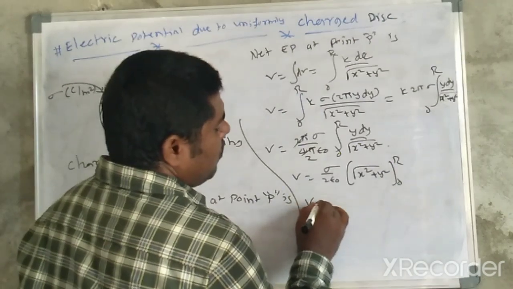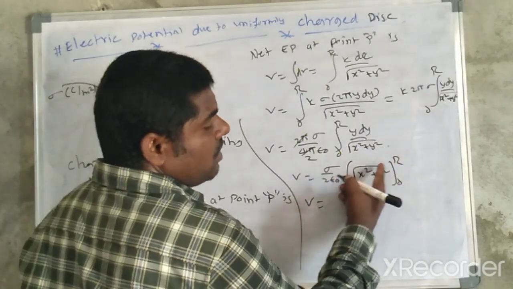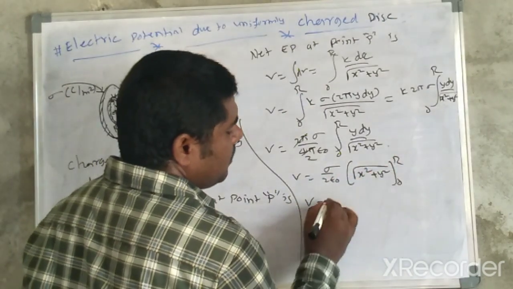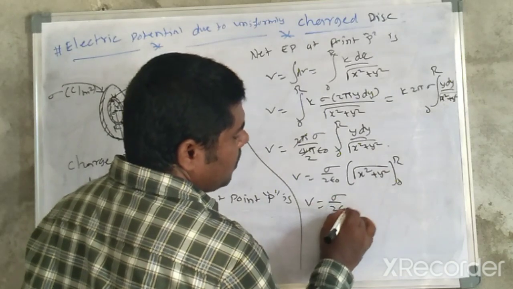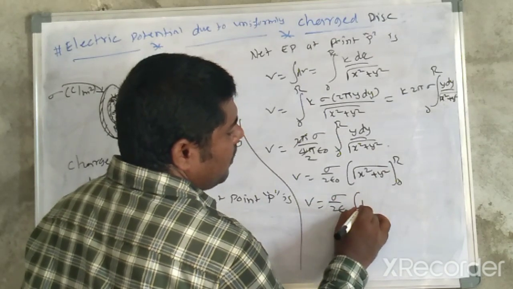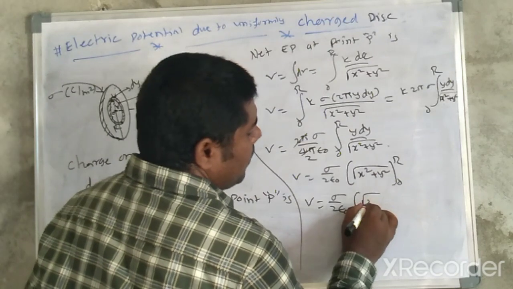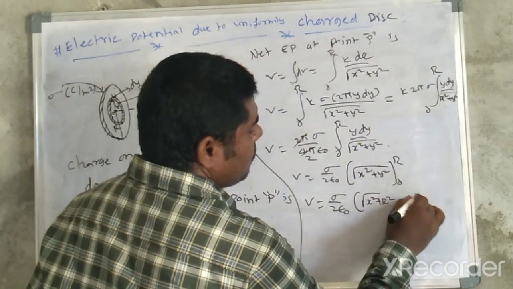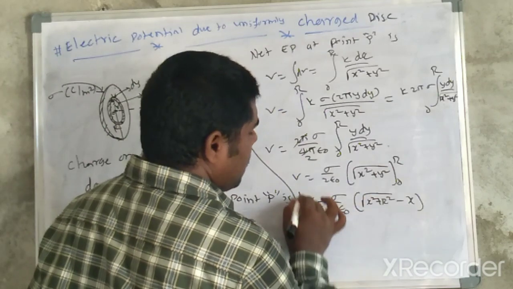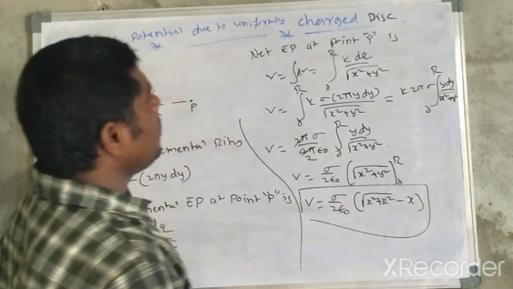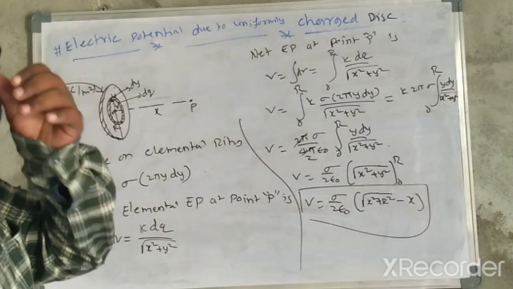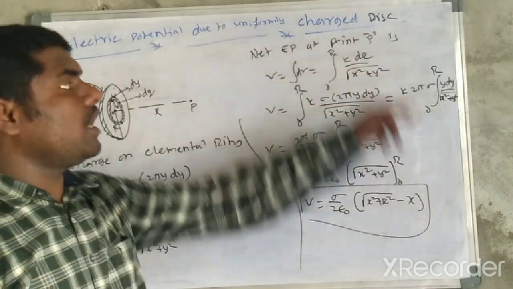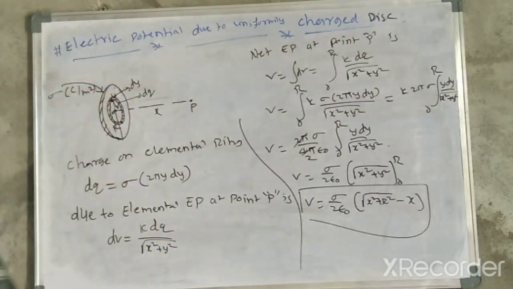After substituting the limits, V is equal to sigma by 2 epsilon naught into under root of x square plus r square minus x. This is the electric potential due to a uniformly charged disk.